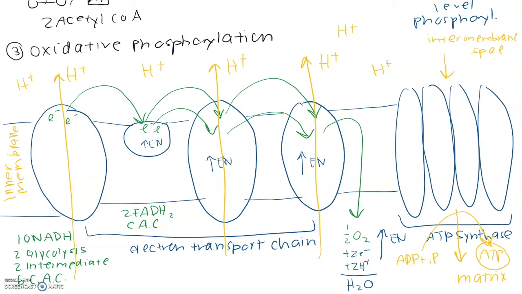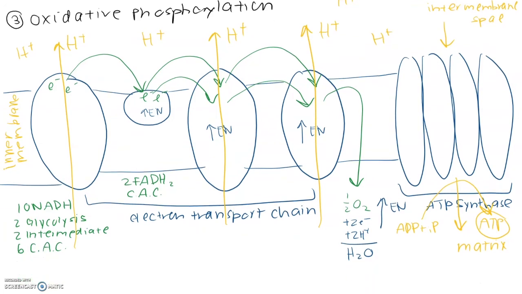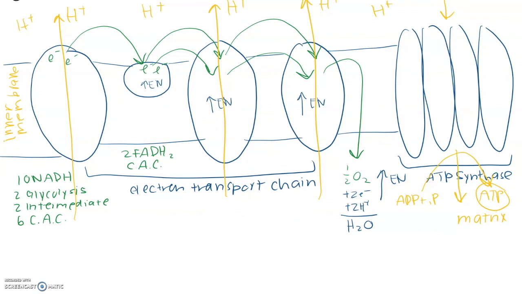Now your next question might be specifically how many ATP molecules are made in oxidative phosphorylation. Let's look at our NADH and our FADH2 molecules. So we have 10 NADH molecules, or I guess electron carriers, sorry, and 2 FADH2 electron carriers. And it turns out that each NADH can make about 2.5 ATP.